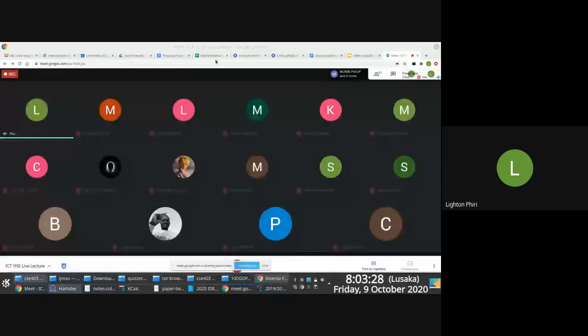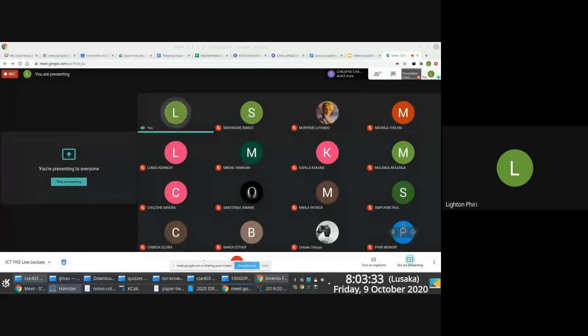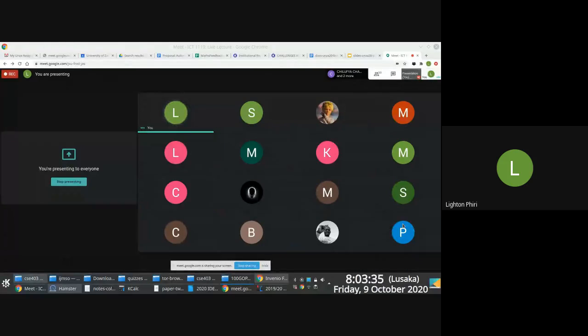Was that day before yesterday or something? So we started so-called binary multiplication, and we walked through a few examples of how we go about multiplying two binary numbers.